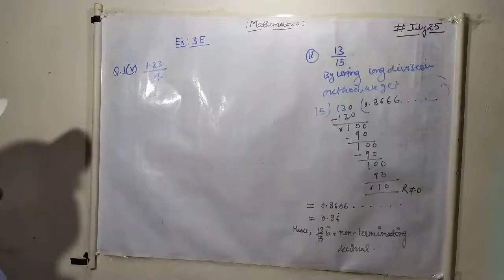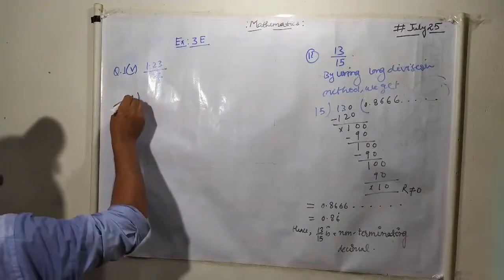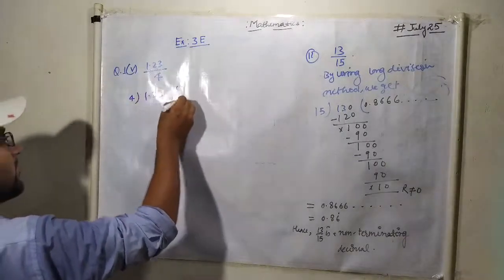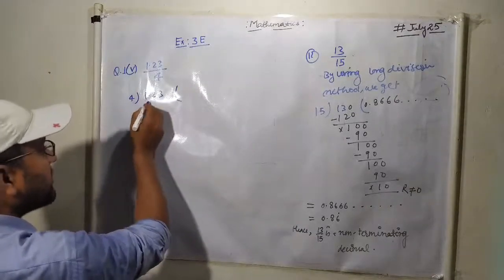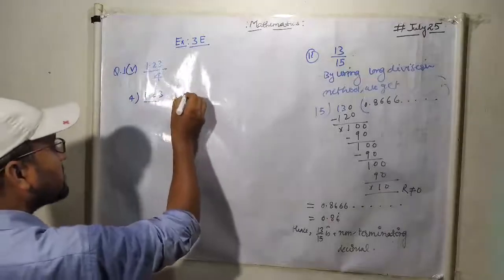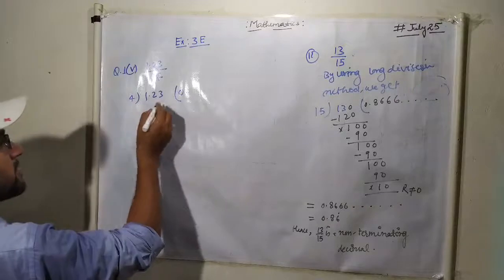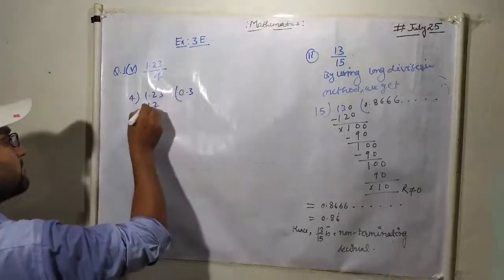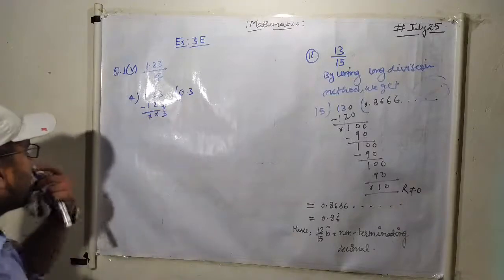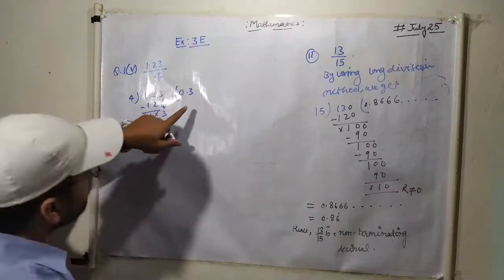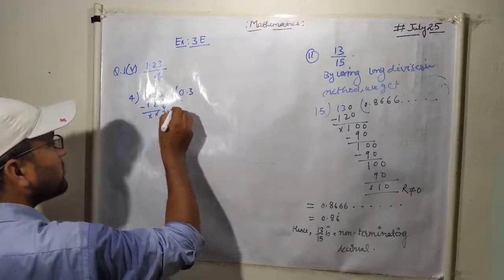Now question number fifth. By using the long division method, I am going to divide 1.23 by 4. See this one, 1 is not divisible by 4, so we take 2 digits and put the decimal in your quotient. 4 3s are 12, cancel out, 3 comes down, 3 is not divisible by 4, so you can add 0.